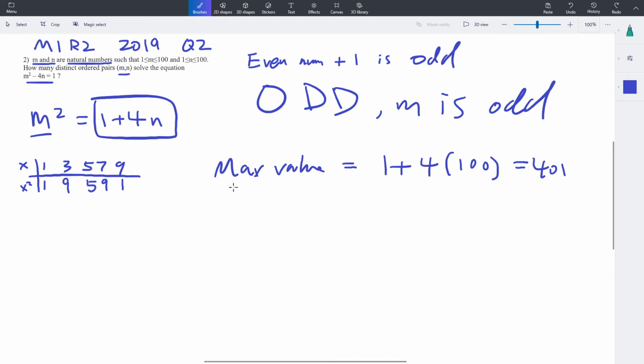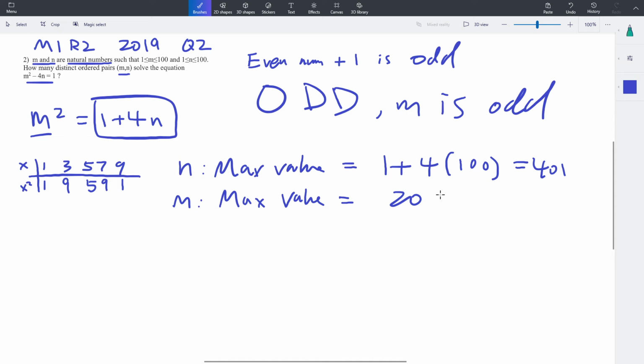If you memorize the squares of the integers up to 20, 20 squared is 400, so that's kind of an upper bound for m, or I should write n max value, and then m max value. So there's going to be 20.